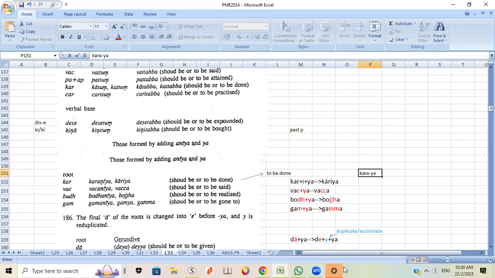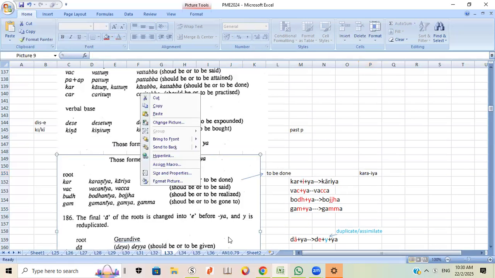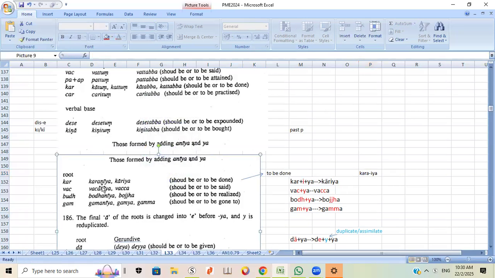Normally, whenever there is an a there, you remember whenever there is a, this one always applies. The e is added. So when the e is added, one of them suddenly the a gets out, and then this has to be strengthened. So it becomes kariya. So this one is also at aniya. This is how it goes.